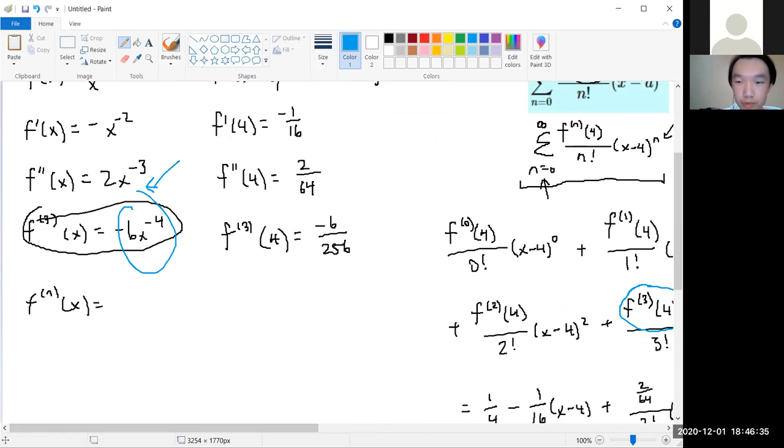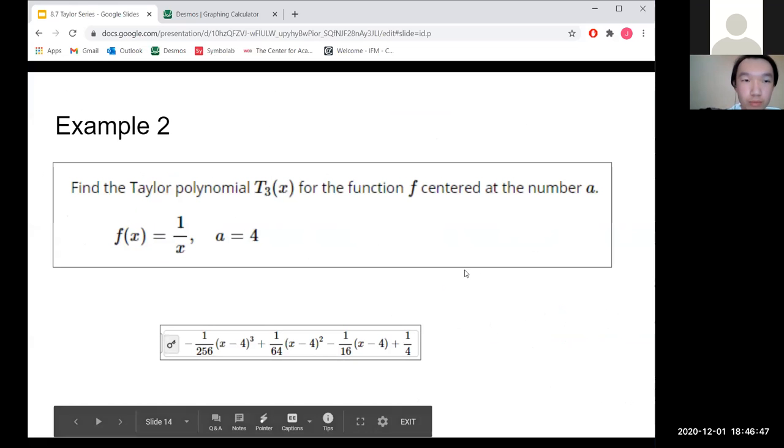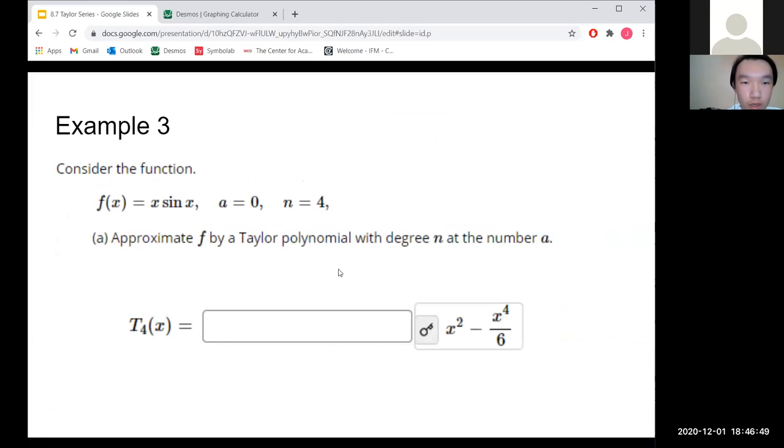Okay. Let's go to another example. This is another type of question that I'll ask you, so let's see how this one works.